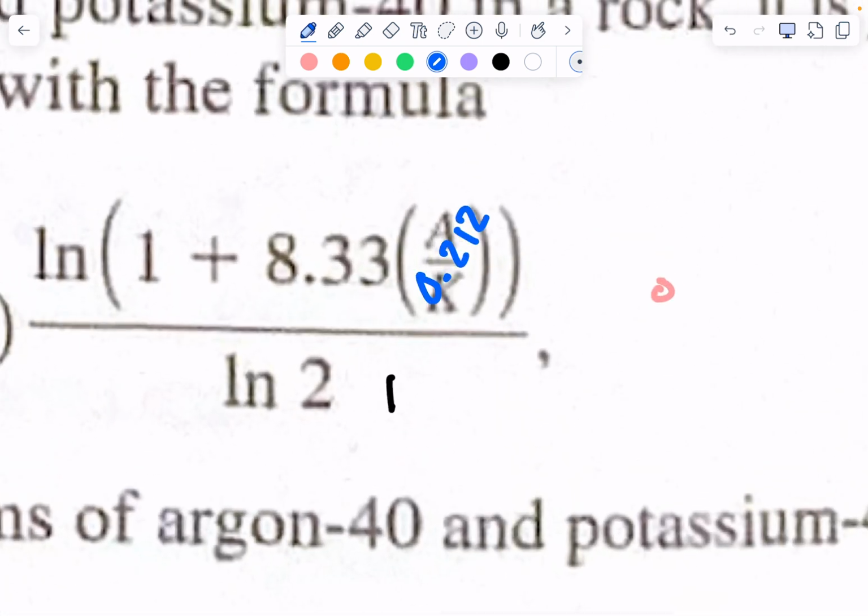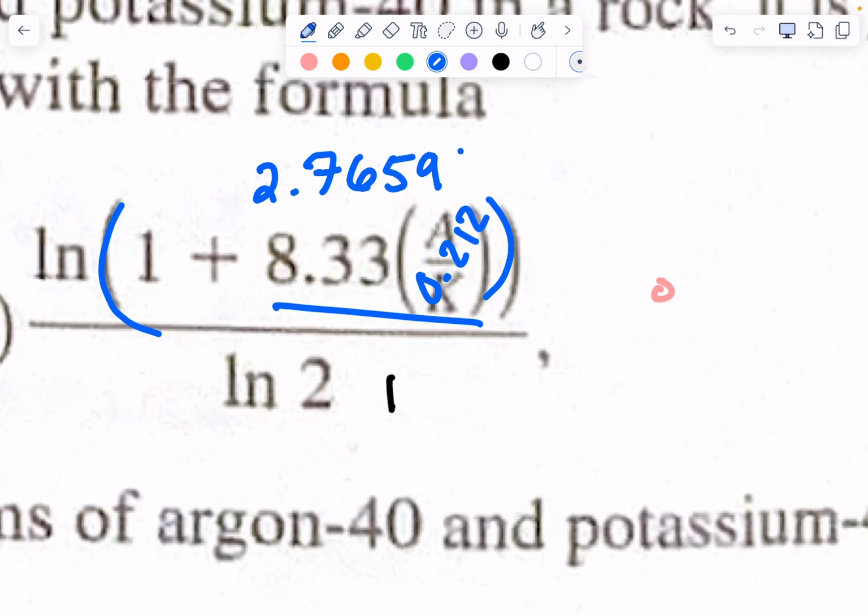All right, I'm going to do this part. 0.212 times 8.33 is 1.76596. Then I'm going to add 1 to that, which gives 2.76596.